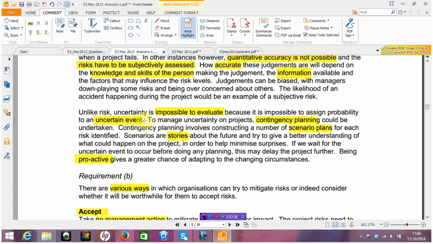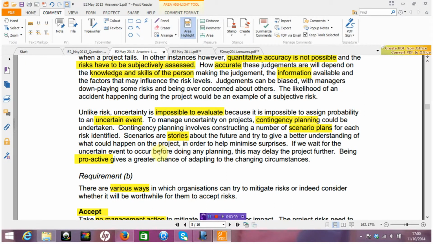We think of possible scenarios or scenario plans in which these possible uncertainties can be identified. Scenarios are essentially predictions of the future, maybe stories about the future, just to give us an idea of possible situations. That's what we're trying to do, think up a series of scenarios that enable us to manage these events should they happen.